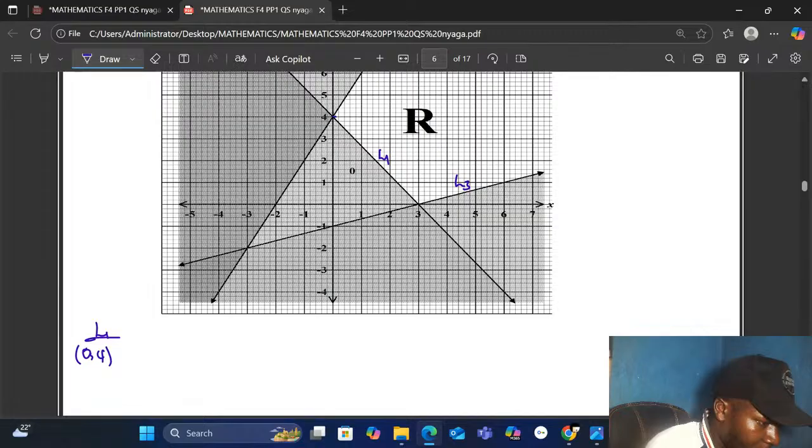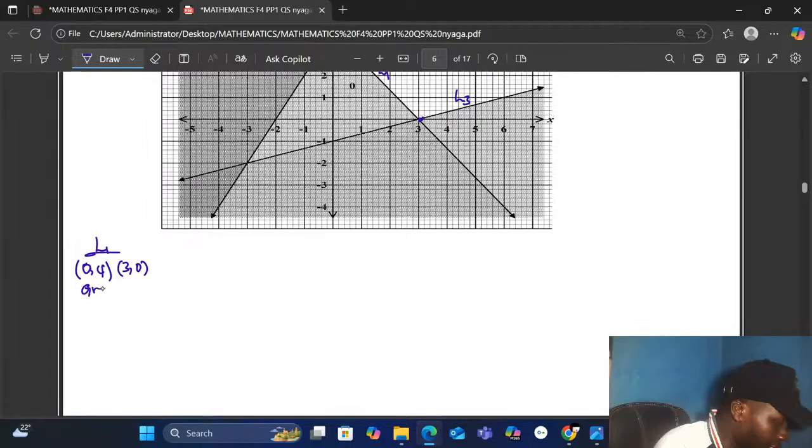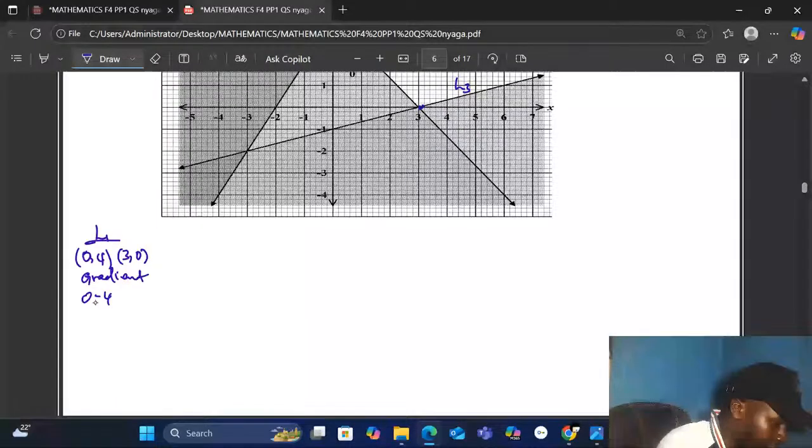We use the 2 points to find the gradient: minus 4 divided by 3 minus 0 is equal to negative 4 over 3. So that means we look for the equation: y minus 0 over x minus 3 gives us negative 4 over 3, which is the gradient.